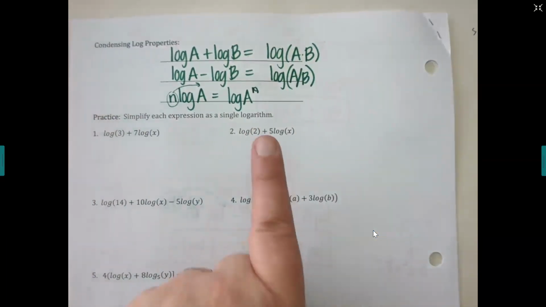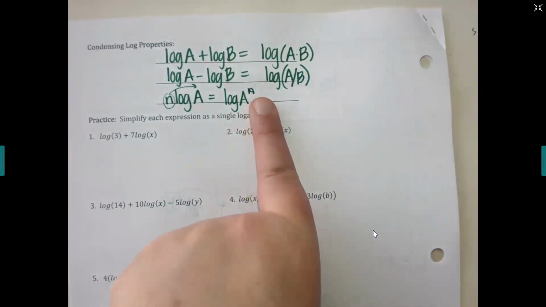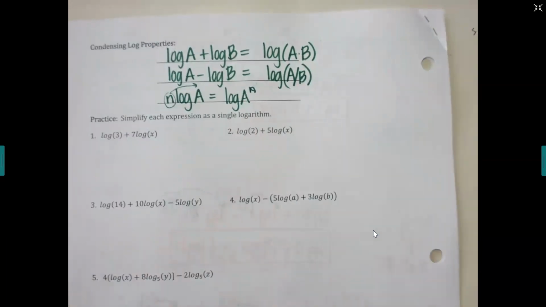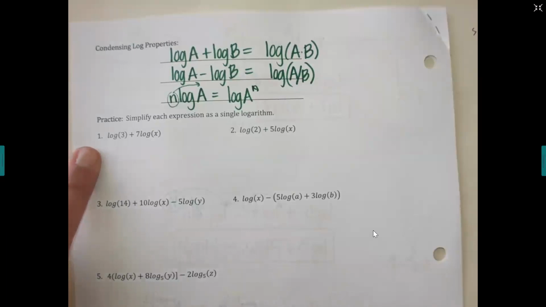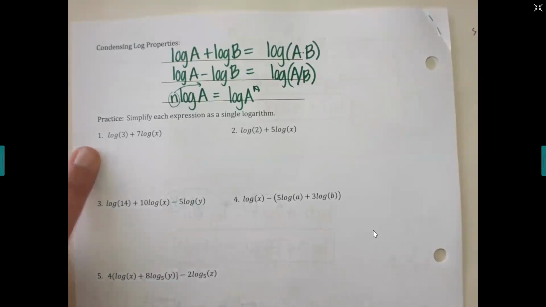Okay, that is supposed to be an n, sorry. But you are going to do these steps in the reverse order that you do them in for expanding. So I'm going to start off by pulling exponents up.